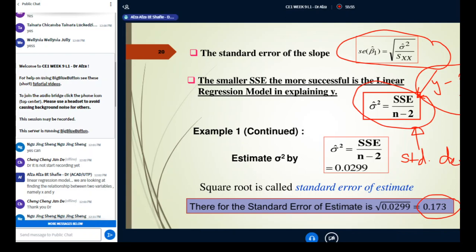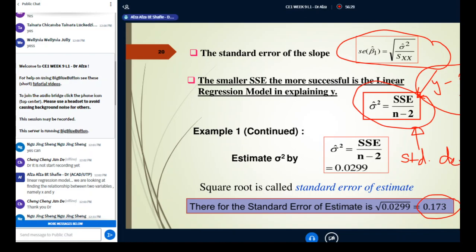What are the possible ways that you can do if you want to make the standard error small? Chances are that if your standard error is big, the model will not be a good model. But how do we try to make sure that the standard error is a bit small?